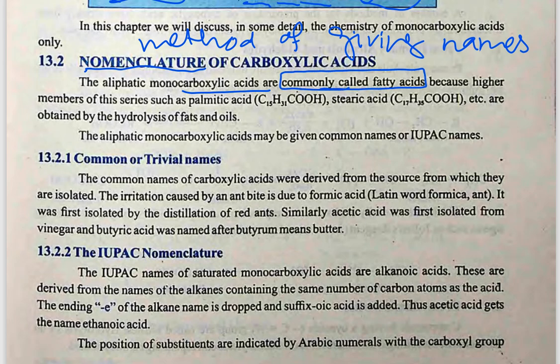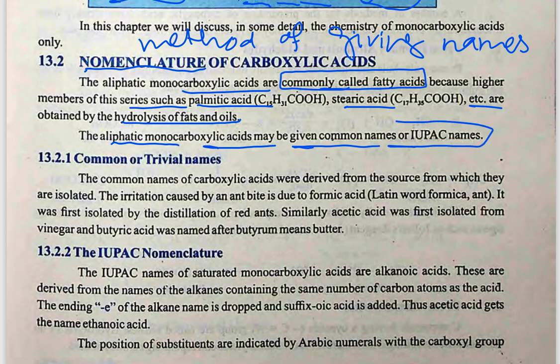Here is the definition: the higher members of this series, such as palmitic acid, stearic acid, etc., are obtained by hydrolysis of fats. This is the reason, because the higher members of this family can be obtained by the hydrolysis of fats and oils, so these are known as fatty acids. The aliphatic monocarboxylic acids may be given a common name or the IUPAC name.